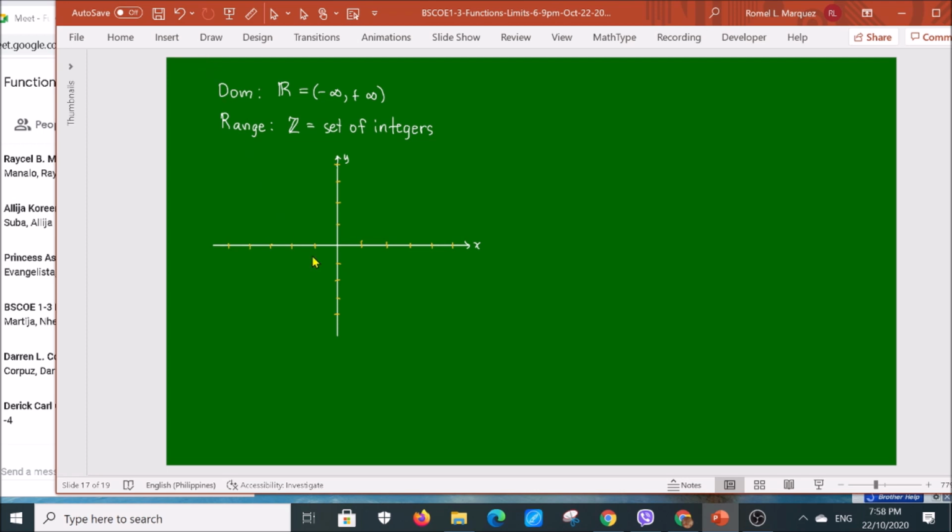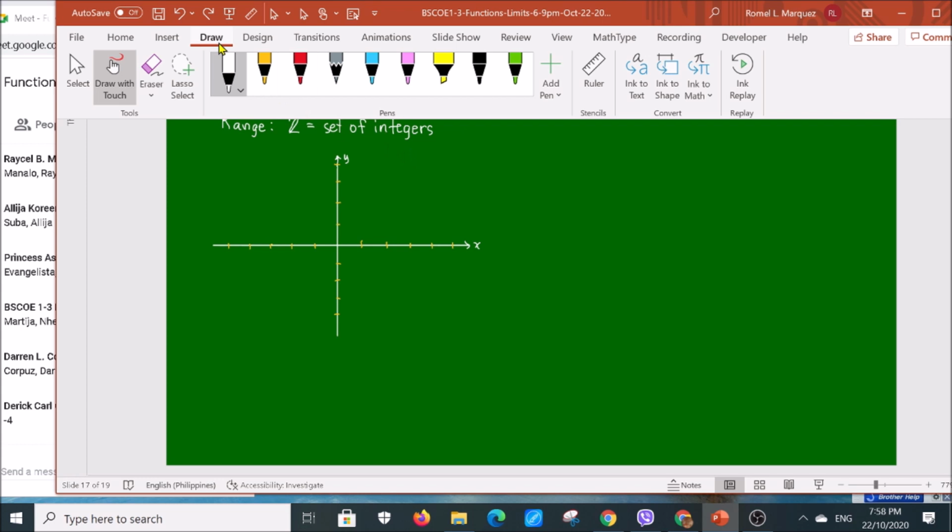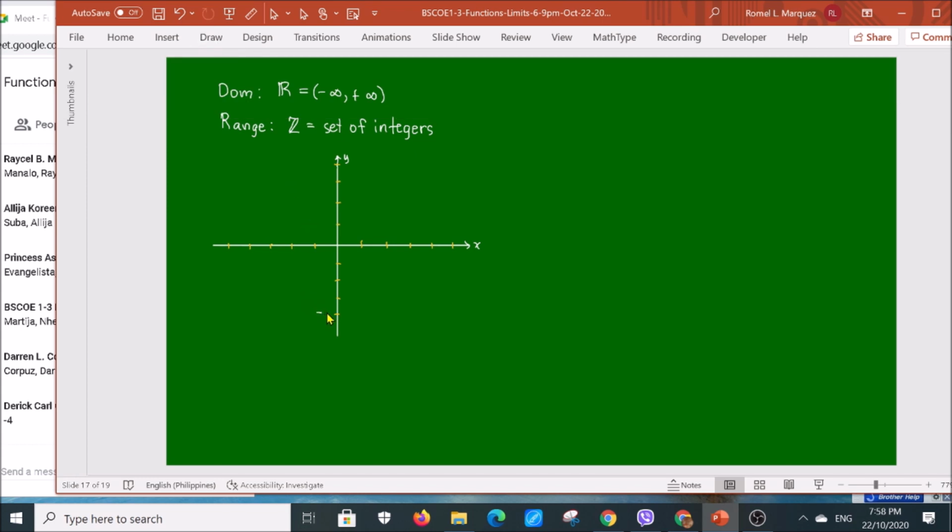So this is negative 4, this is negative 2, positive 2, positive 4.